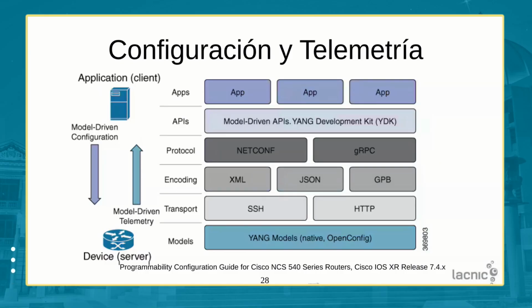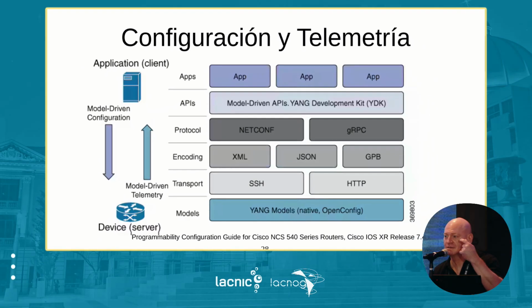But finally, here we can work on telemetry. We're not just going to configure a device, but also obtain data from that device. Whenever there's a change in that machine, the device will open a stream and send me information. This works differently in SNMP. We'll have a poll.